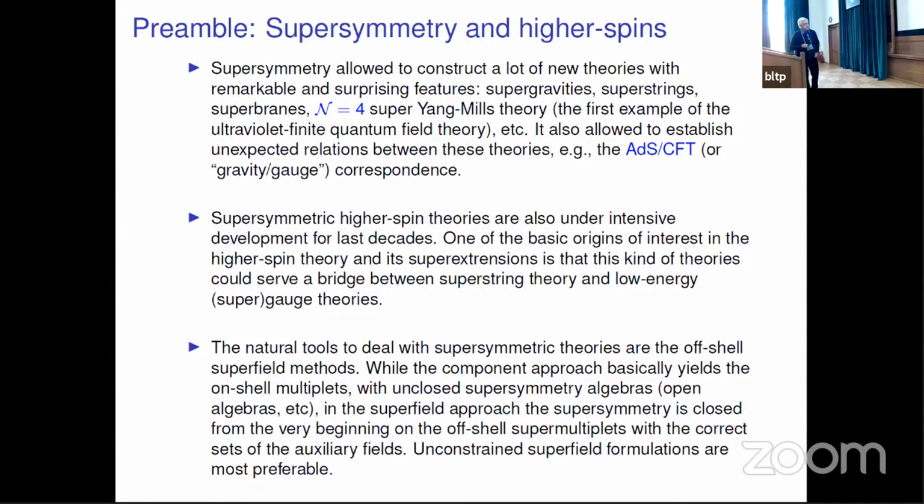On the other hand, in the superfield approach, supersymmetry is closed from the very beginning. All supermultiplets are off shell, and the correct number of auxiliary fields automatically appears in the decomposition over Grassmann variables of these fields. And actually, most preferable are unconstrained superfield formulations, in terms of superfields which have some extra constraints, so defined on some invariant subspaces of the original superspaces.